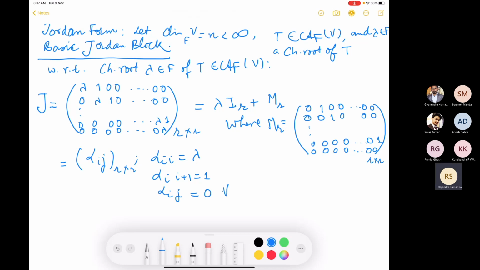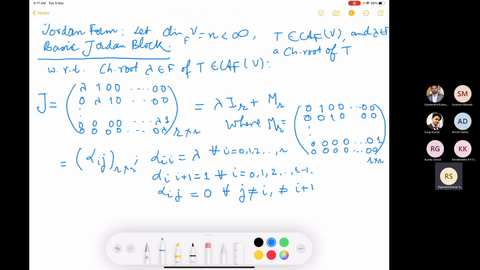So this will be for all j which is different from i and different from i plus 1. This is for all i, from 0 to r, with i running 0, 1, 2, up to r minus 1. Like that.